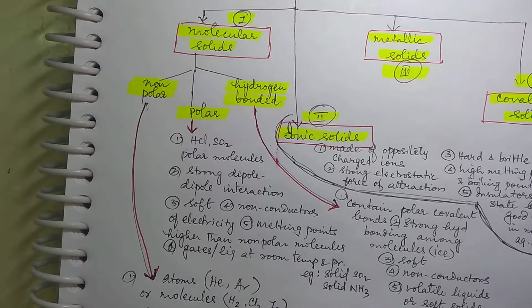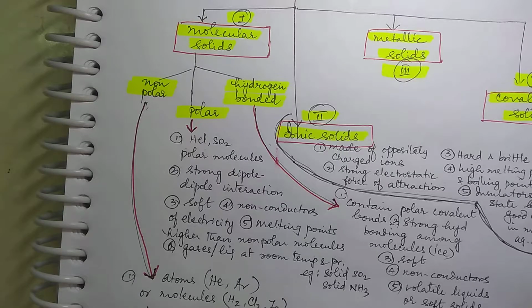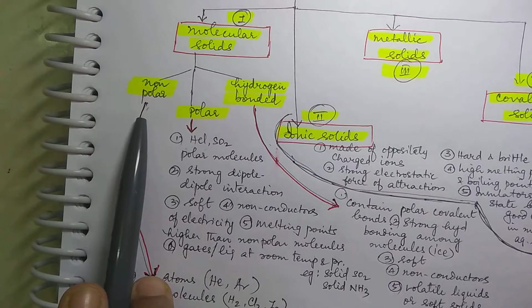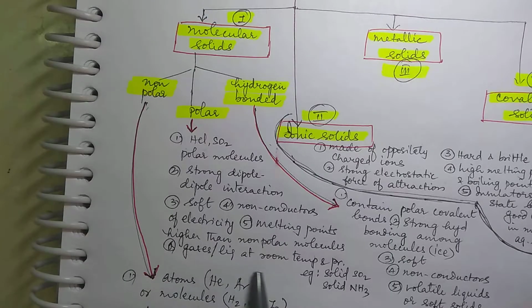That means solid carbon dioxide I am talking about. What is solid carbon dioxide? It is dry ice, is it not? This you are familiar with. So all these substances under a particular set of conditions can be preserved or can be considered as solids. So that is what we are talking about here, okay? So non-polar molecular solids could be any of these.